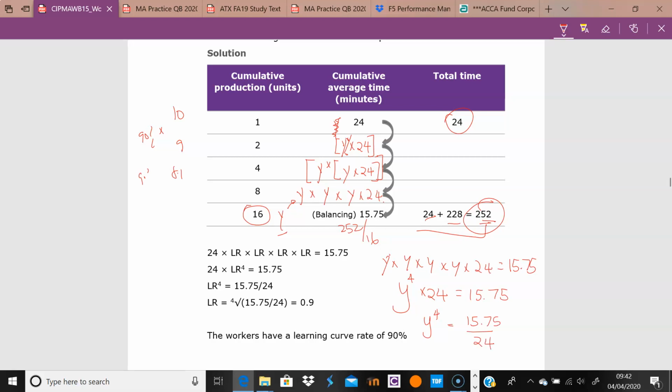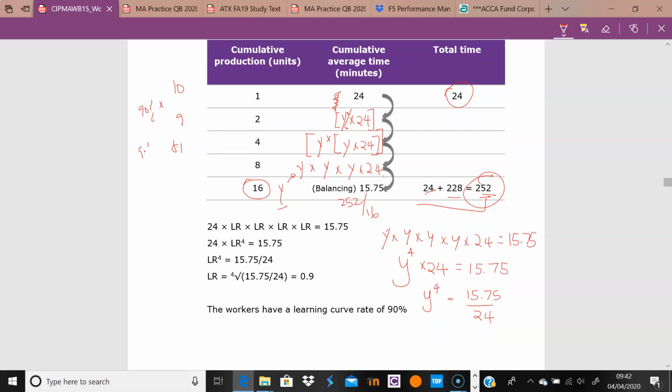So what you need to do is put it in your calculator. 15.75 divided by 24 is equal to 0.65625.